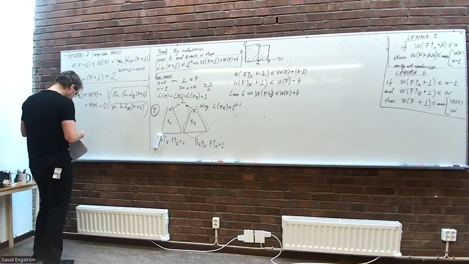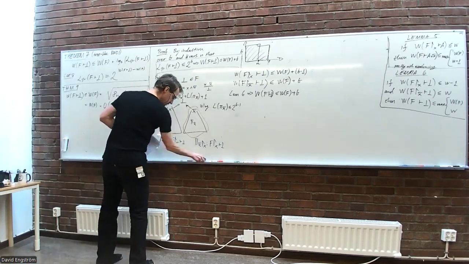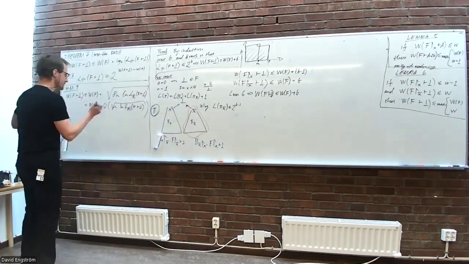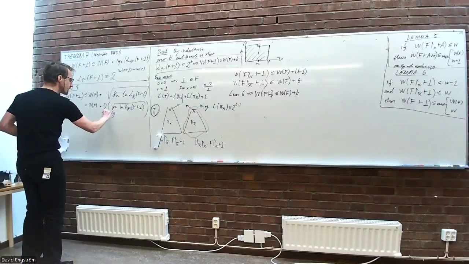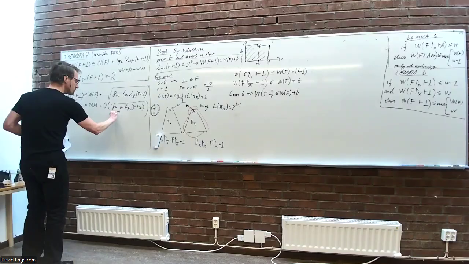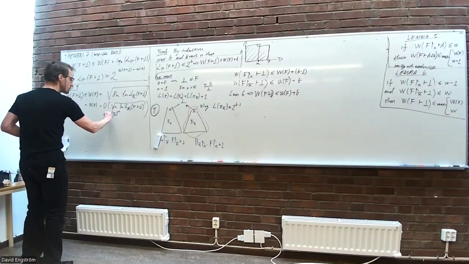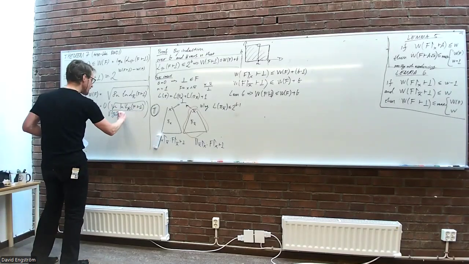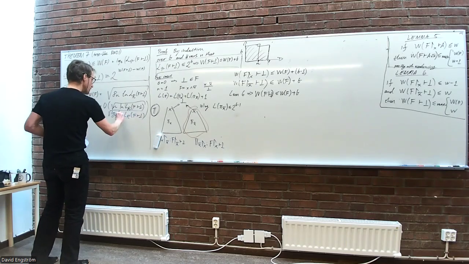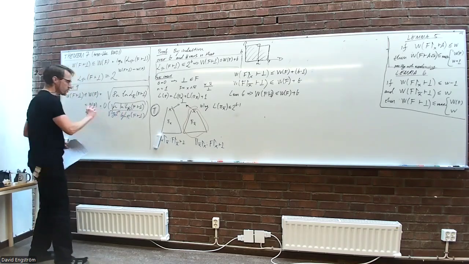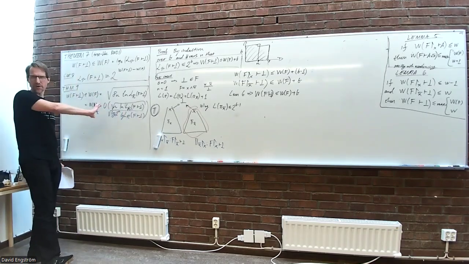So I claim that what it says here is log of 2 to the n. You're taking the square root of log 2 to the n times some logarithm, and we don't care too much about which logarithm it is, right?